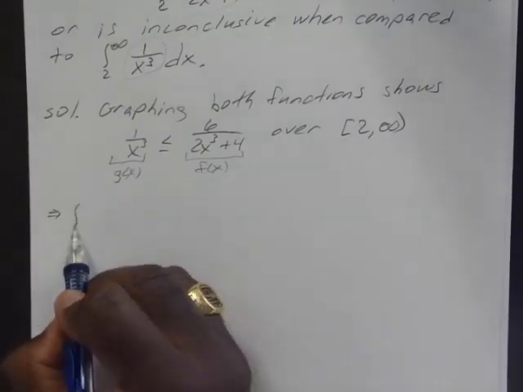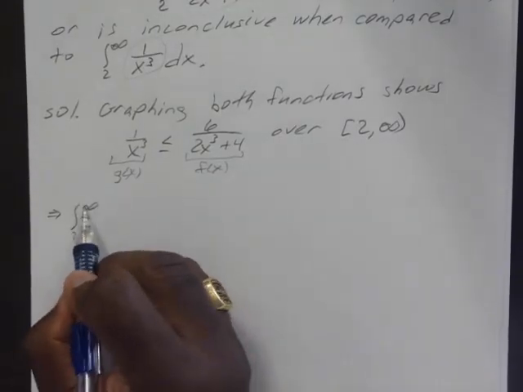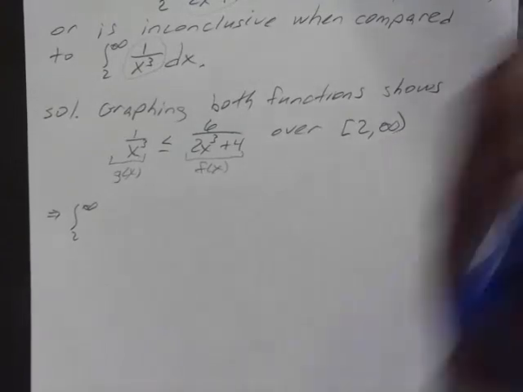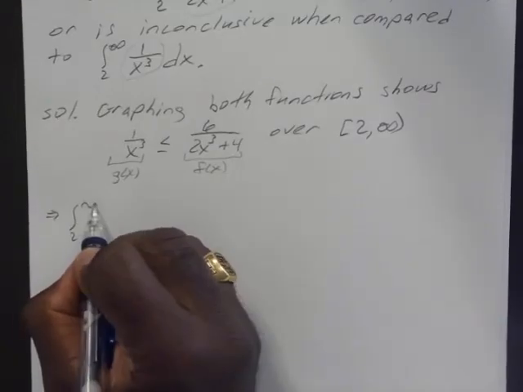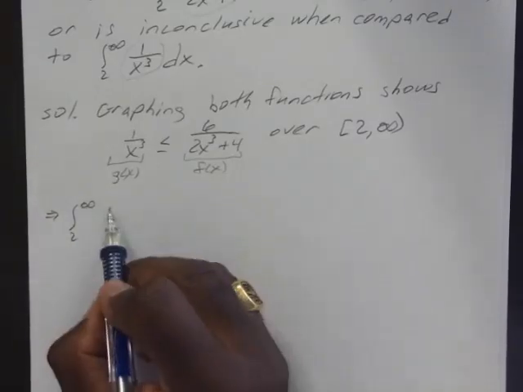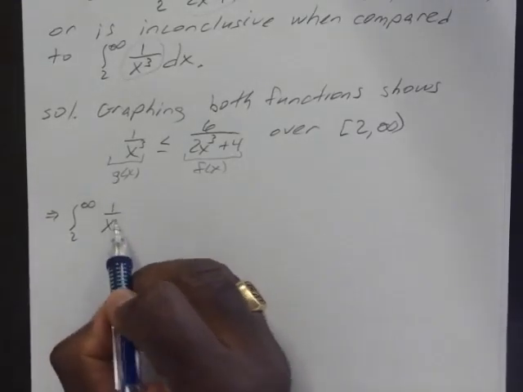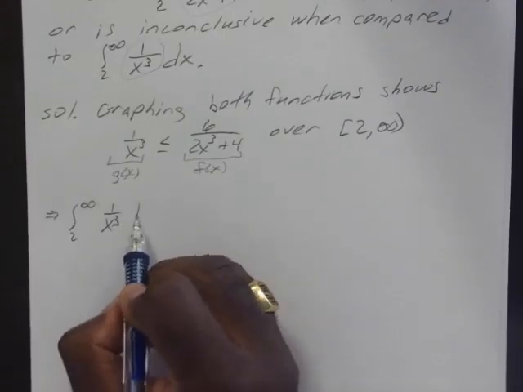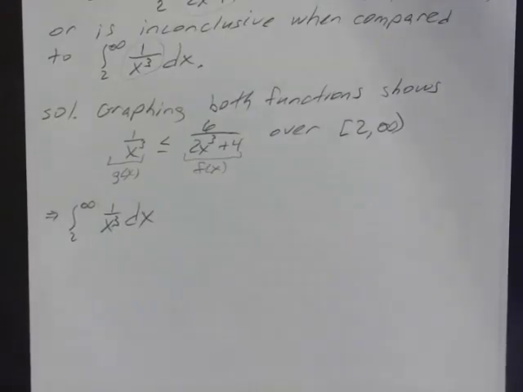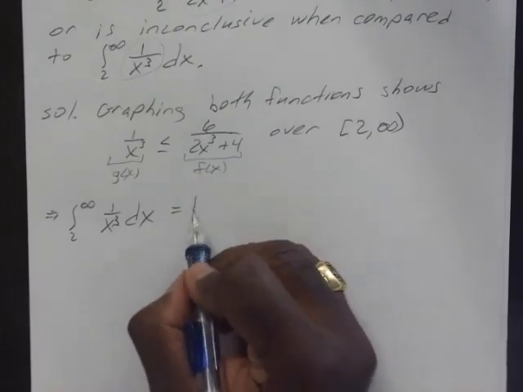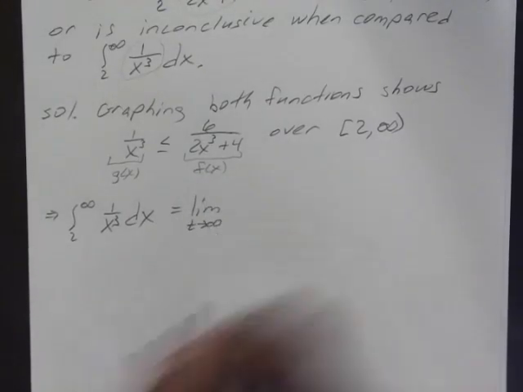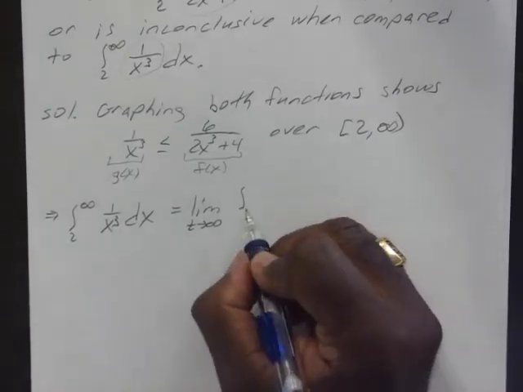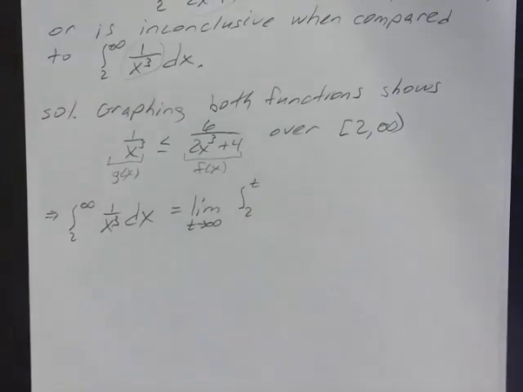Okay, so if we take our integral from 2 to infinity of 1 over x to the third power with respect to x, we can rewrite that as the limit as t approaches infinity of the integral from 2 to t.